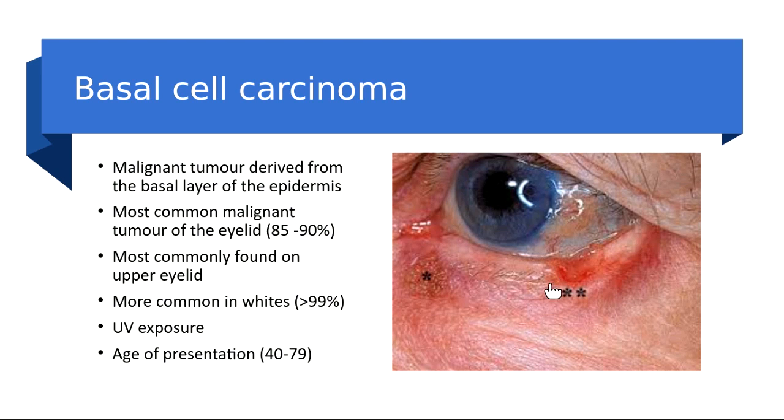See, I'm giving you that feeling with my finger. So it's rolled edges. The edges are rolled inwards, right? And what is the base? What happened here? It looks like an erosion or ulcer. Yes, there's an erosion, and the base of it is erythematous.